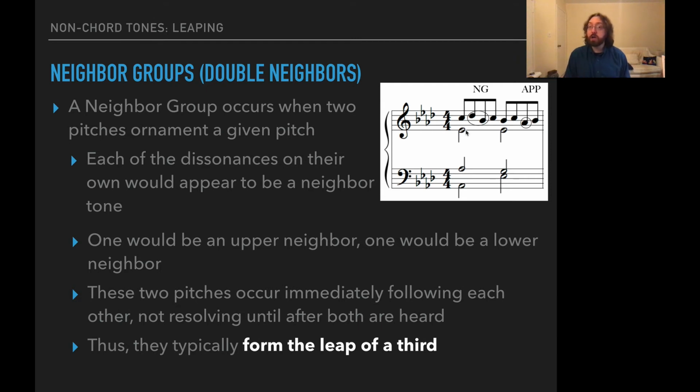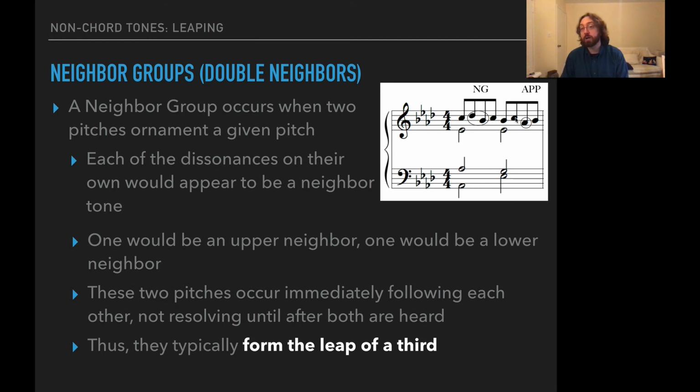Now, just so we know, not every time we have that could qualify as a neighbor group. In this case, in the second chord here, one possible way to analyze this is that this A flat is the dissonance, and this C could actually be harmonic.